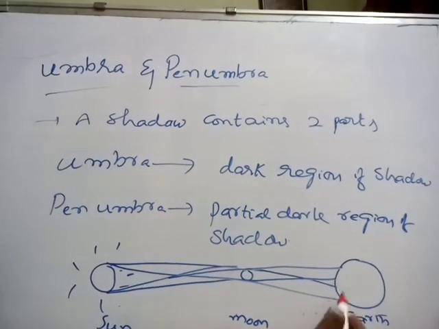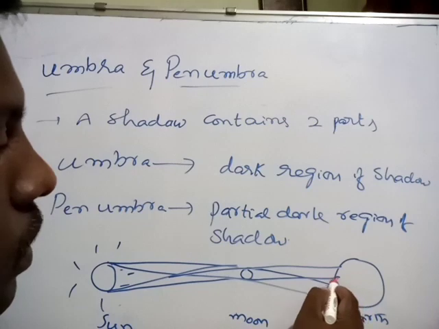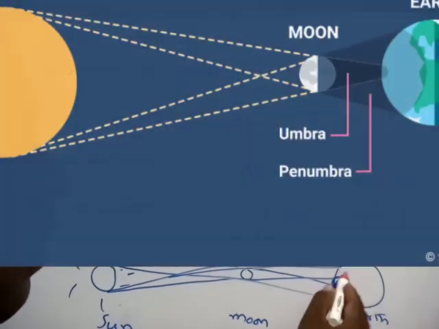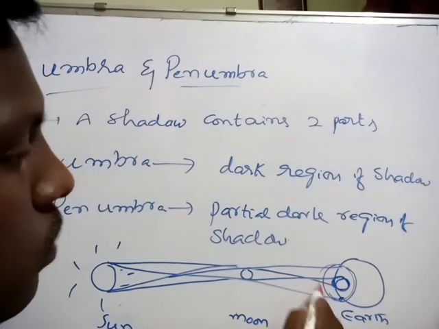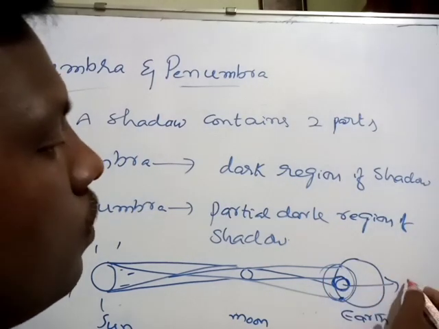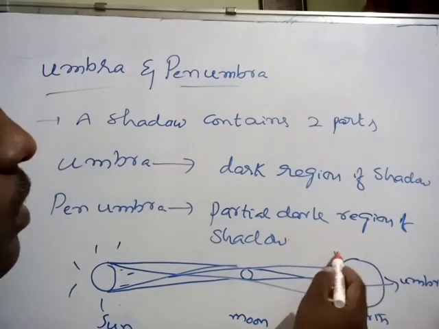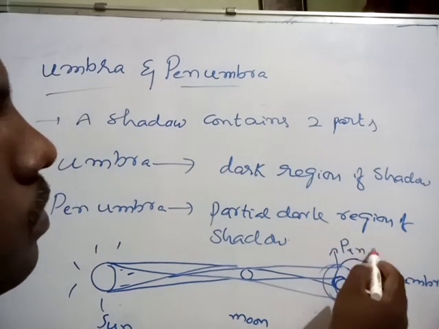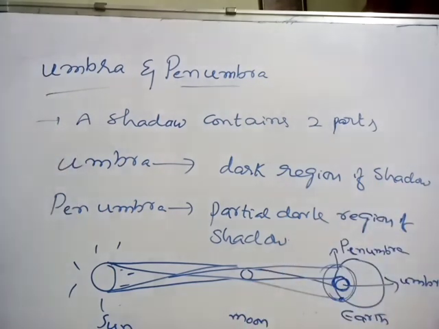See, here we can observe these two rays. Here dark region will be there, and here this is dark, no, umbra, this is umbra. Here we can observe penumbra. Okay, so this is about umbra and penumbra of the shadow.